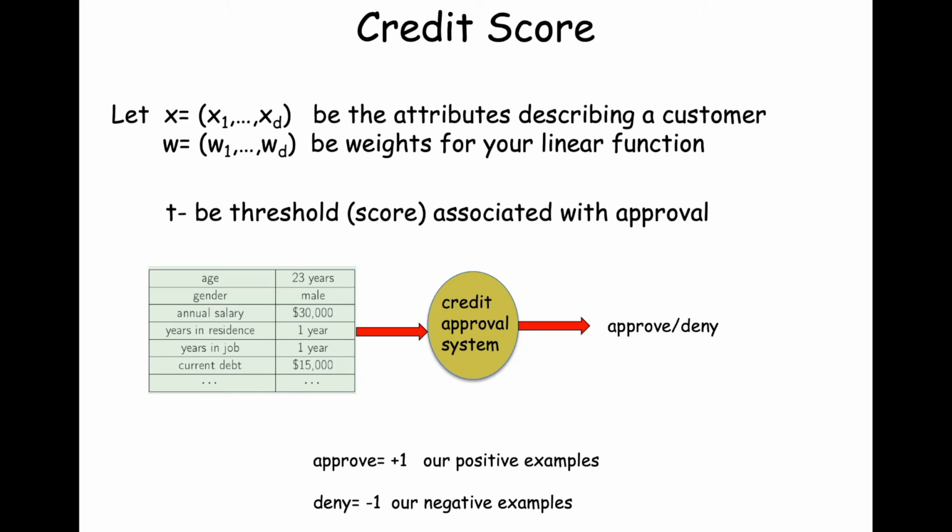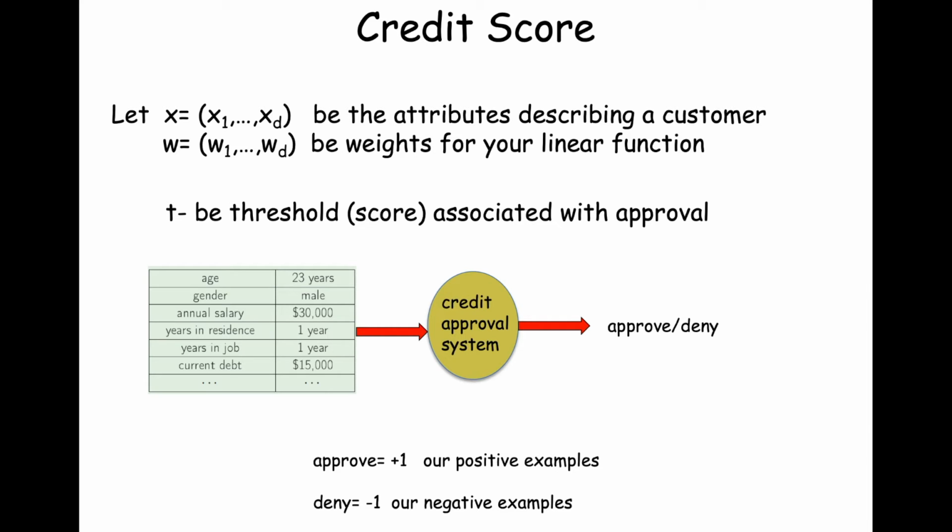And so we talked about this credit approval problem, and we have our linear model, a set of weights in D dimensions, where the dimensionality is the number of attributes culled from the credit application, and collectively the D many attributes describe a single customer. These things might be factors such as the number of years in residence, the annual salary, the amount of outstanding debt, and so forth.